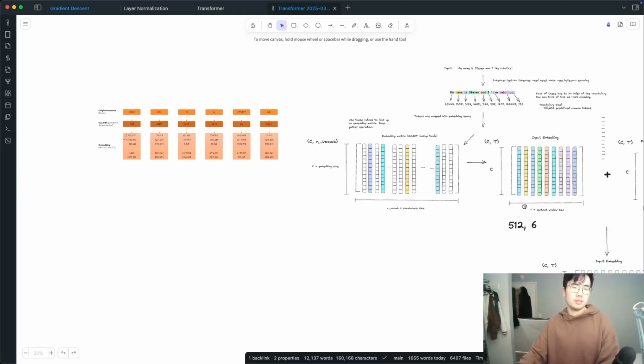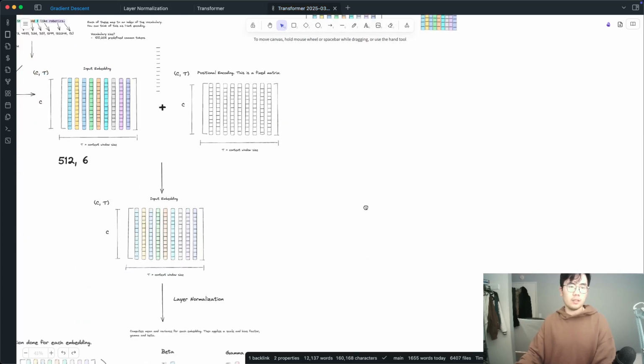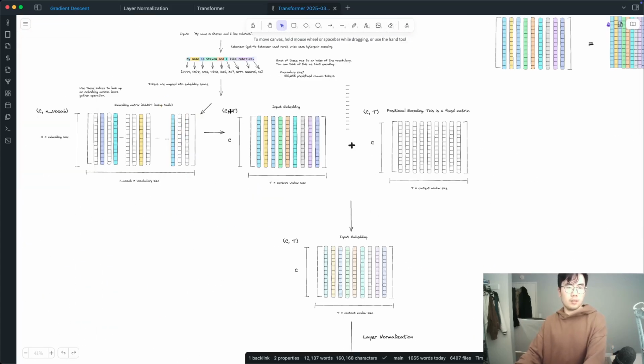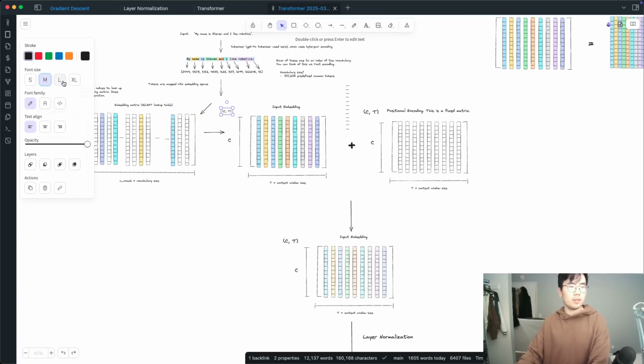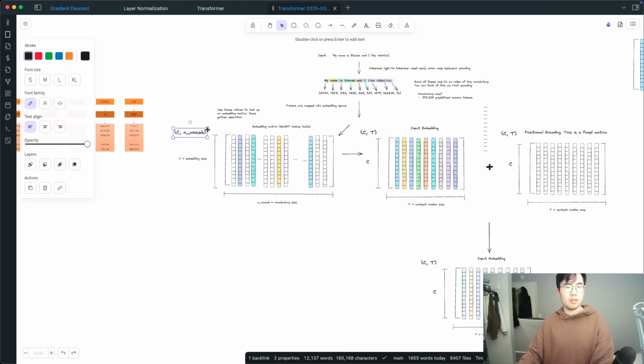It's a matrix. I want this to be more bold.